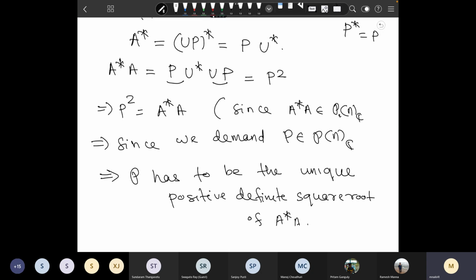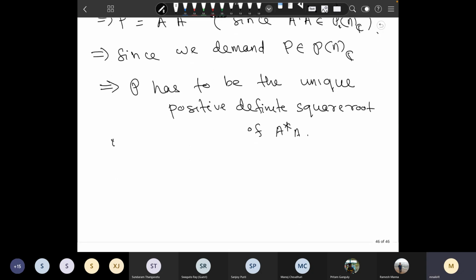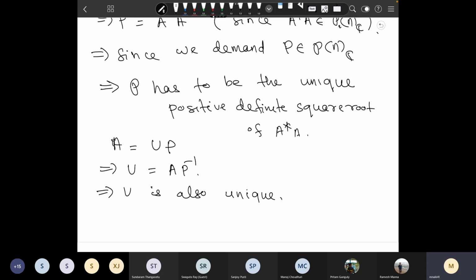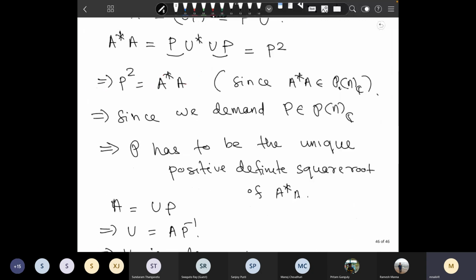So once P is fixed, then U has to be fixed, because since A is equal to UP, then U is equal to AP inverse. So once P is fixed, then U is fixed. This implies U is also unique. Uniqueness is clear. Okay, so now decomposition existence.